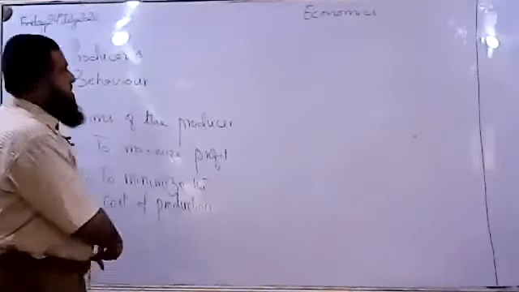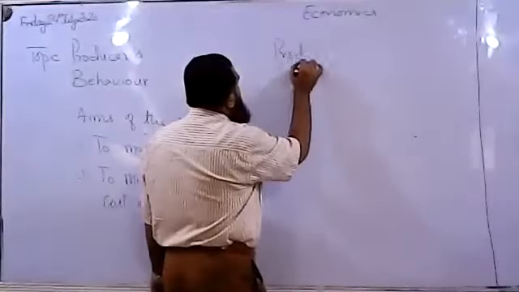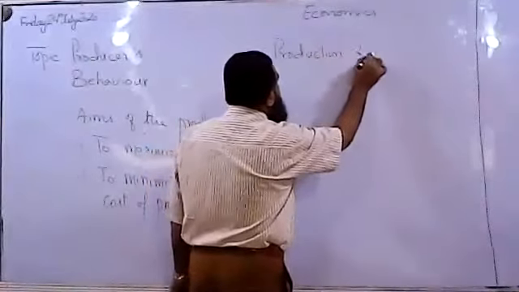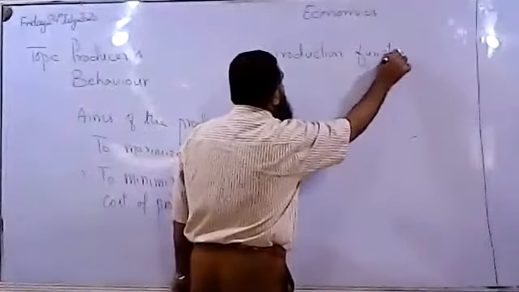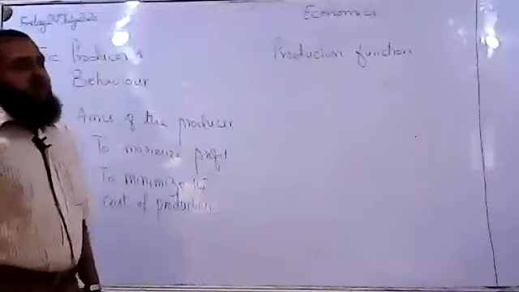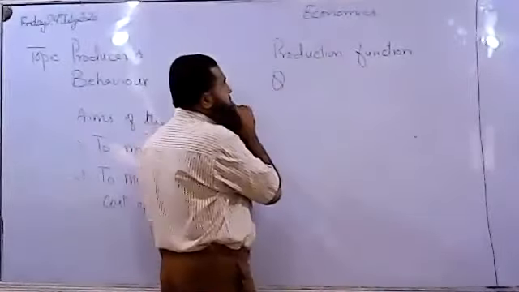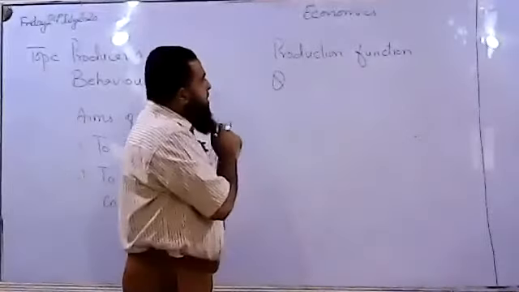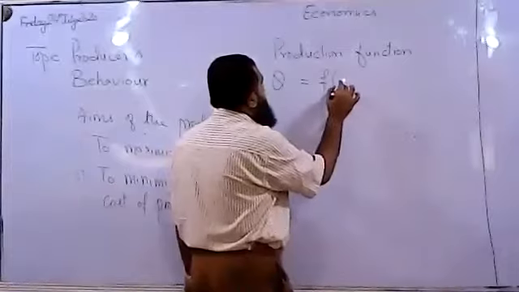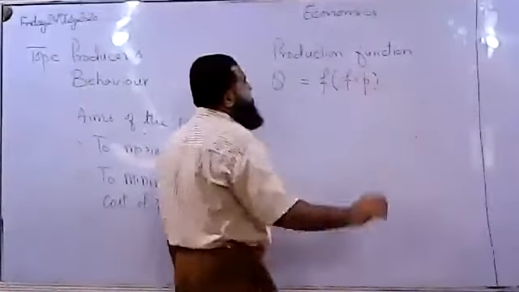Now, what is meant by the production function? First of all, we are going to study the production function. Production is the function of factors of production. Here I say the quantity produced is denoted by Q. Now this quantity which is going to be produced by the producer is the function of factors of production.